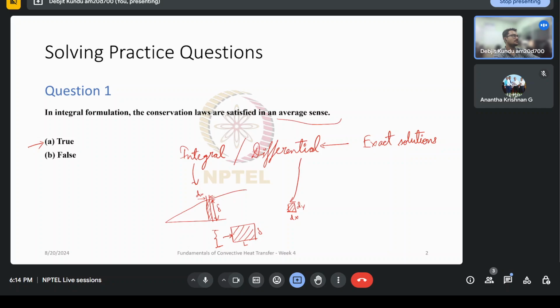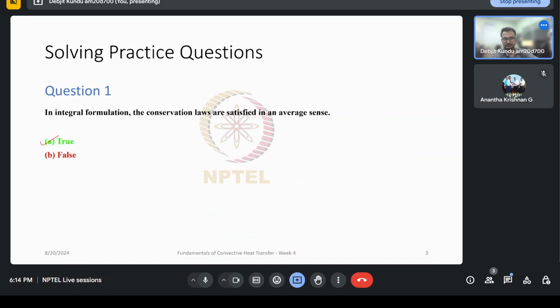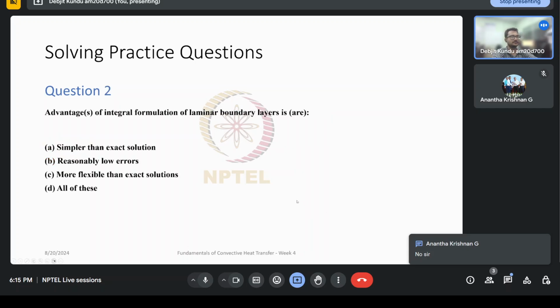So in that way, the conservation laws are satisfied in an average sense or in a more overall sense, not in the exact sense. Okay, so any questions on this? Okay, so let's keep moving on.